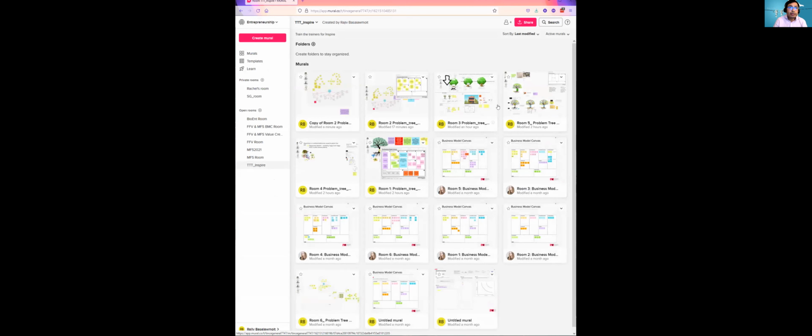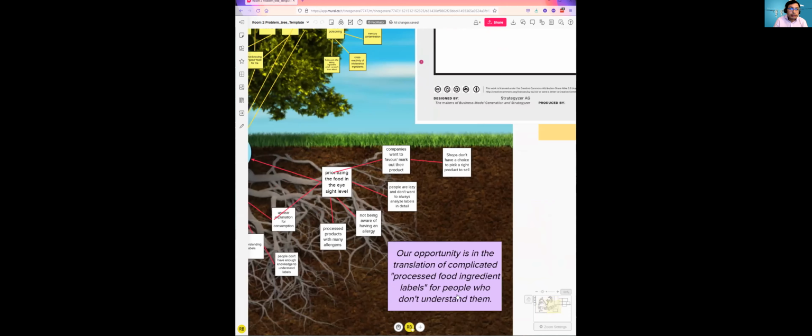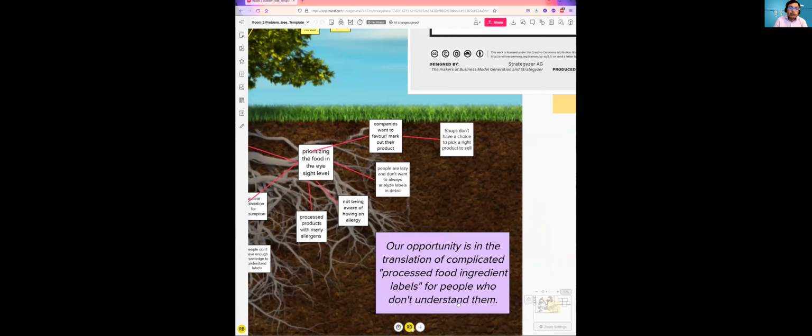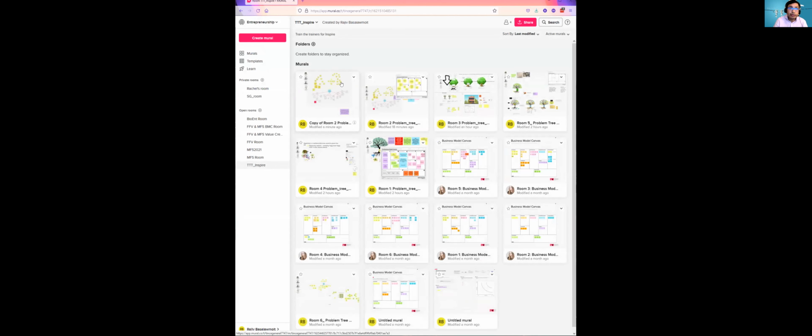And you can see here's the opportunity statement. Our opportunity is in the translation of complicated processed food ingredient labels for people who don't understand them, right? So from this tree, they have gone on to make an opportunity statement. So this is exactly what a problem tree can really help you do.